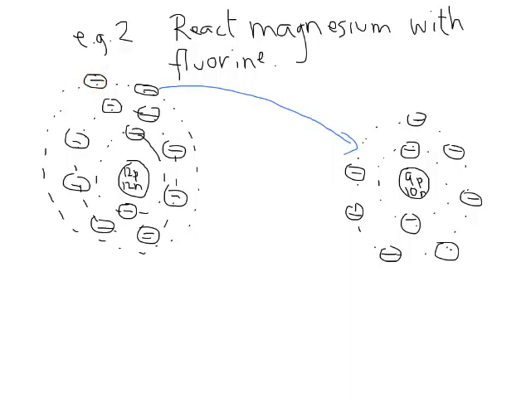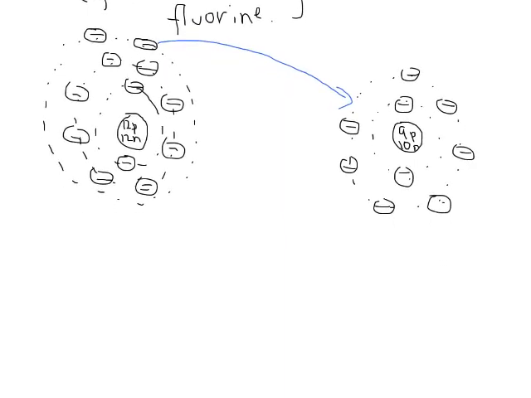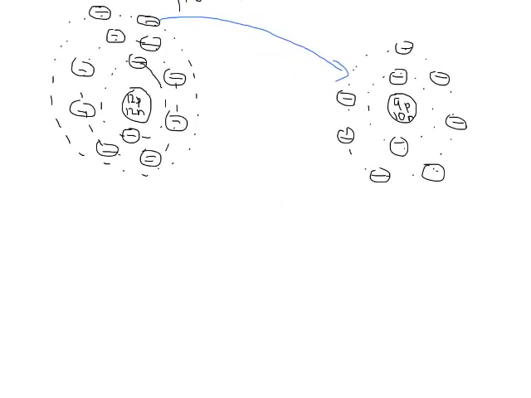So what basically happens, I'll just move everything up slightly so we can see this. What basically happens is another fluorine atom comes along. So a second fluorine atom comes along to the party. So it's going to be the same thing, 9 protons, 10 neutrons.